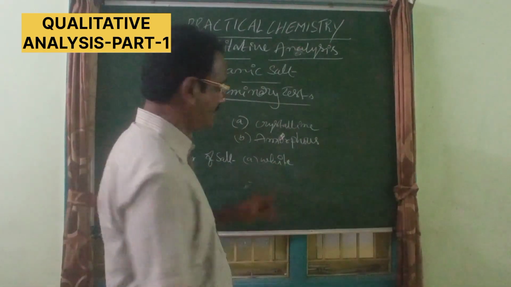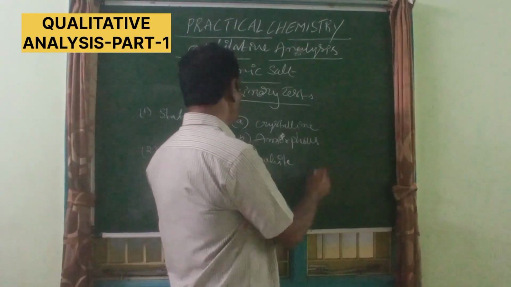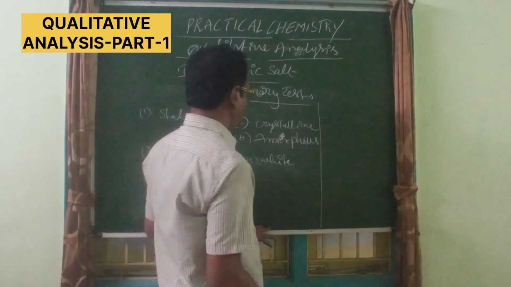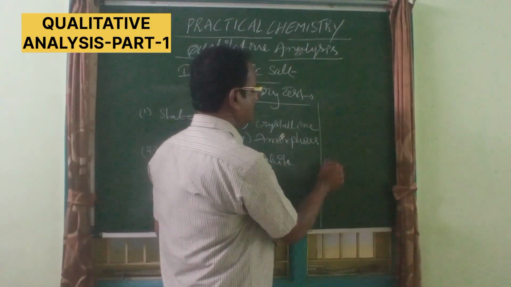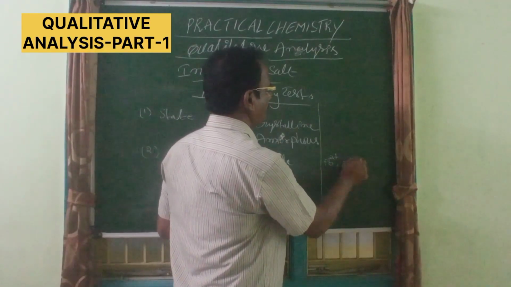If the salt is white in color, it may contain Pb2+, Zn2+, Ba2+, Ca2+, Sr2+, Mg2+, NH4+, etc. I will take this in tabular form.